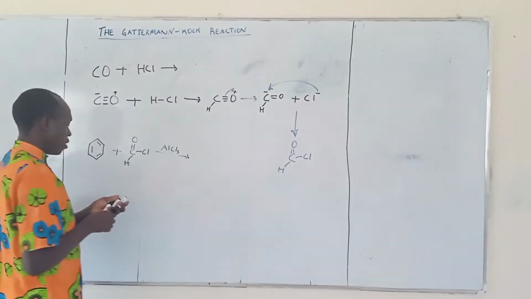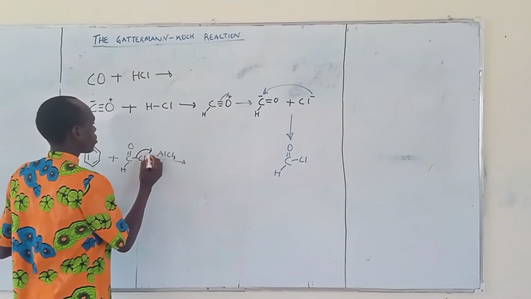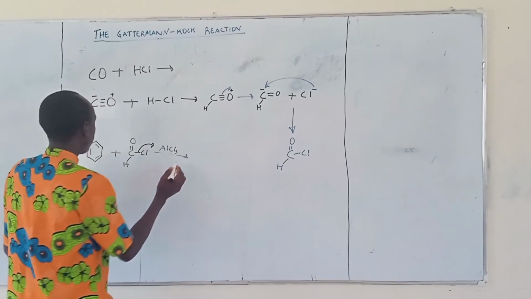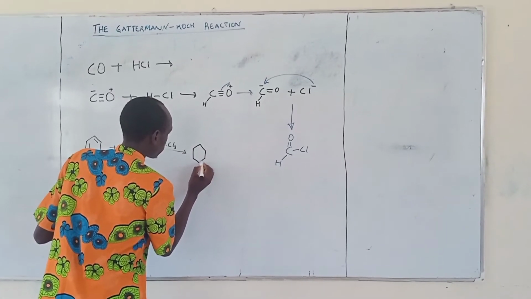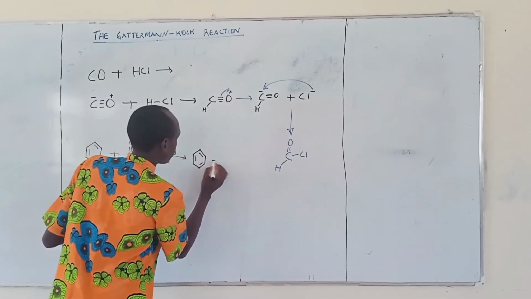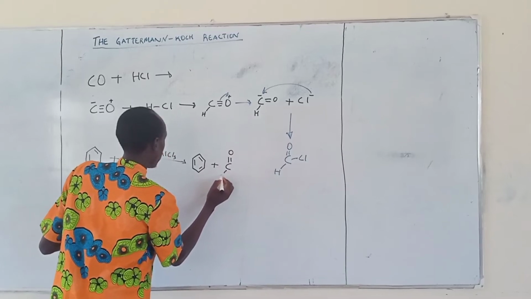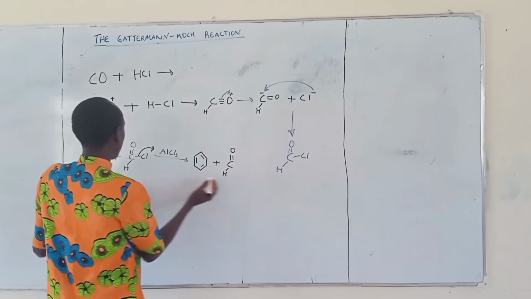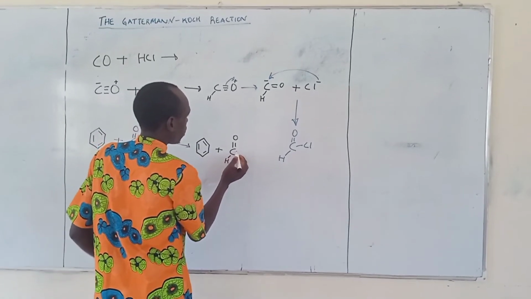So the Lewis acid will pick on this chlorine, so this bond will open up, so that we can have the benzene ring itself there, plus CO and H. Now this chlorine is gone, so here we don't have another bond.